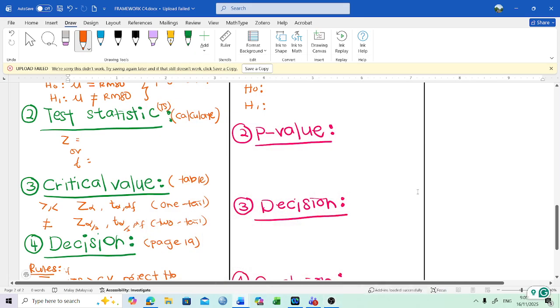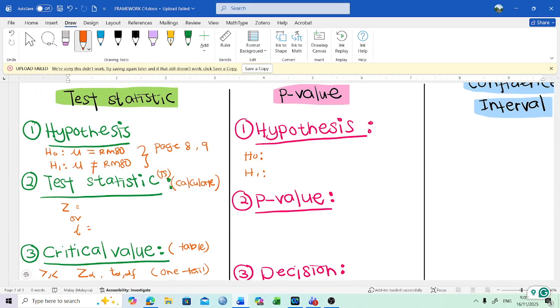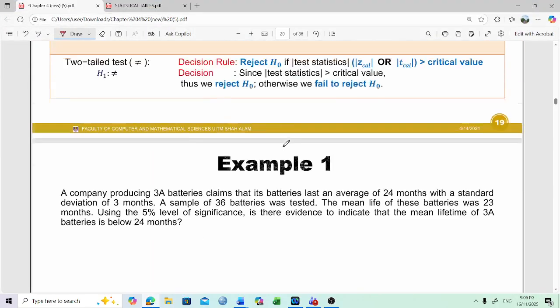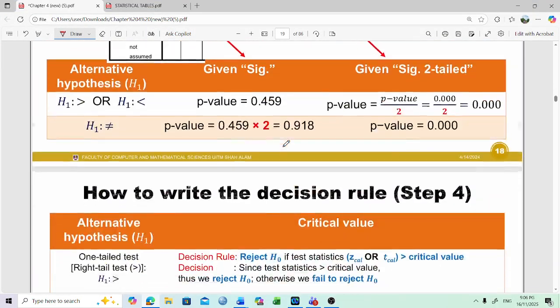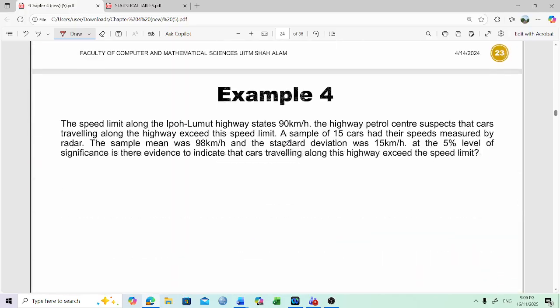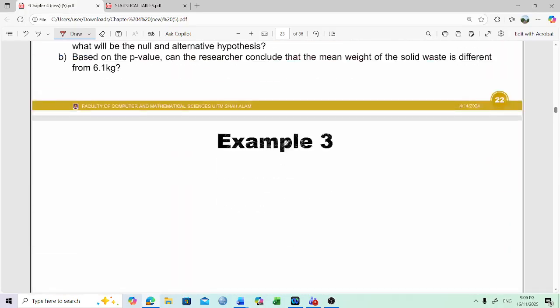And then for your p-value here, you need to see your alternative hypothesis, whether it is one tail or two tail. If your alternative hypothesis is one tail, with either a greater than or less than symbol, then your p-value needs to be divided by 2. Let's take a look at an example.